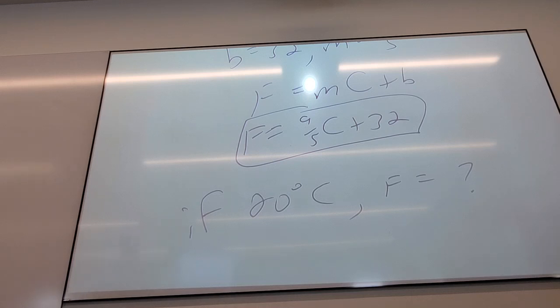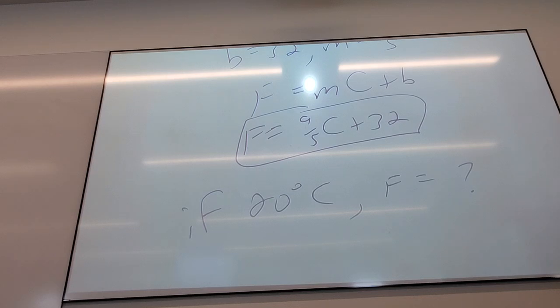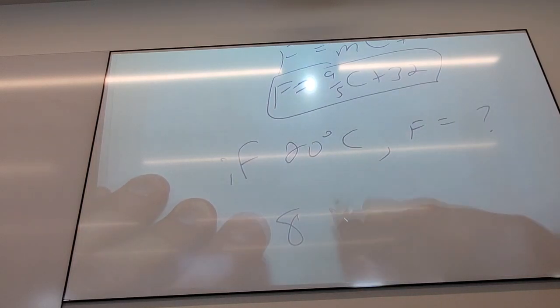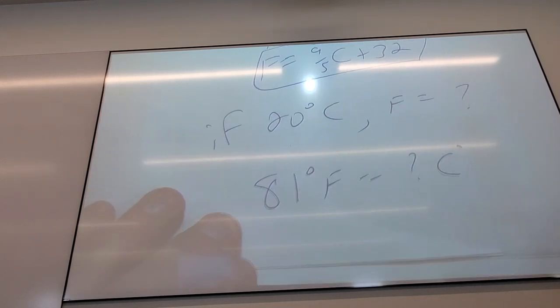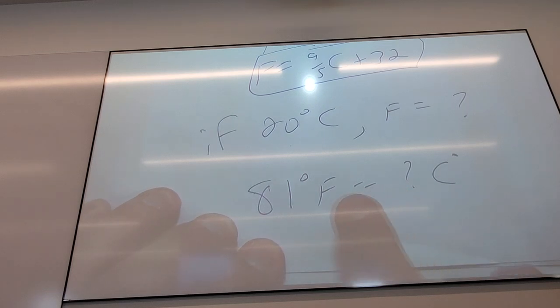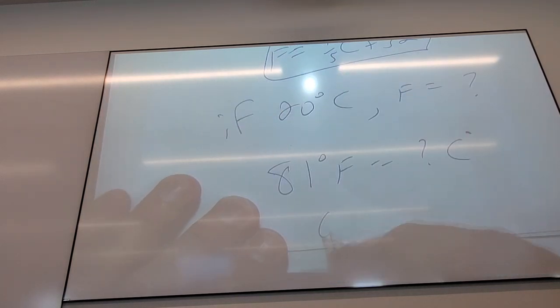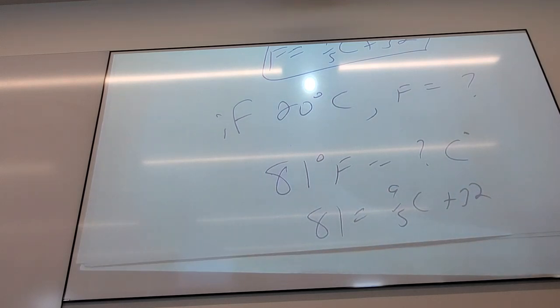What if I told you Fahrenheit? What if I said 81 degrees Fahrenheit is how many Celsius? What would you do? Where would you put 81? So 81 equals 9/5 C plus 32. How would you solve it?